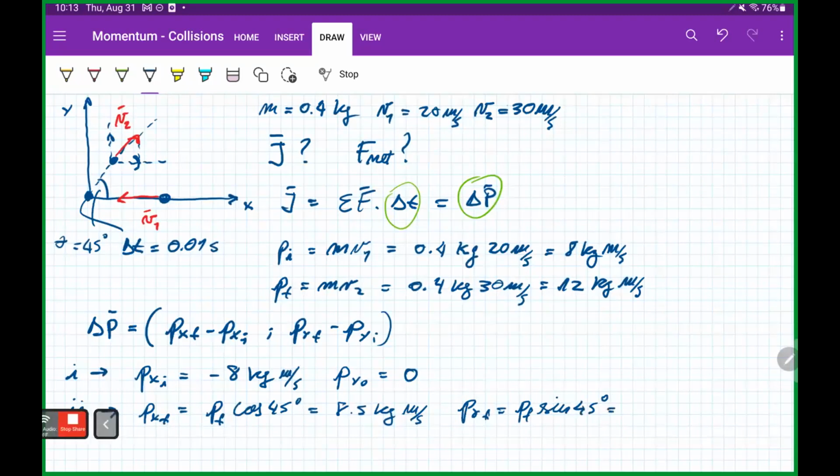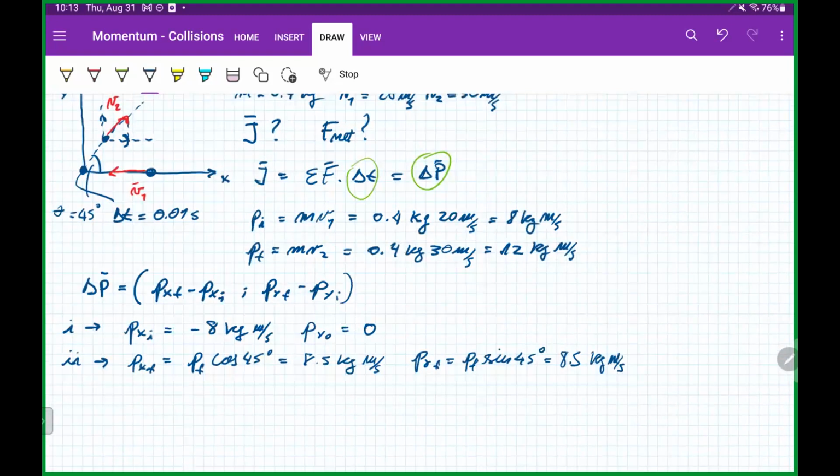This is equal to, sorry, this is equal to 8.5, because both are the same for 45 degrees, meters per second. So there we have it. We have the delta of the momentum equal to, let's write that, 8.5 minus 8.